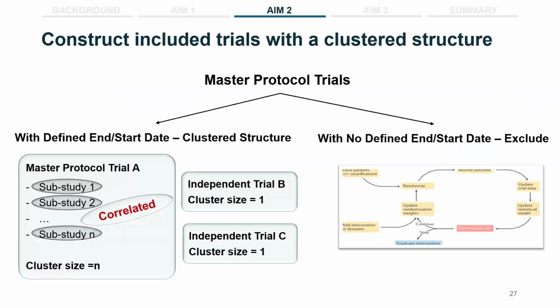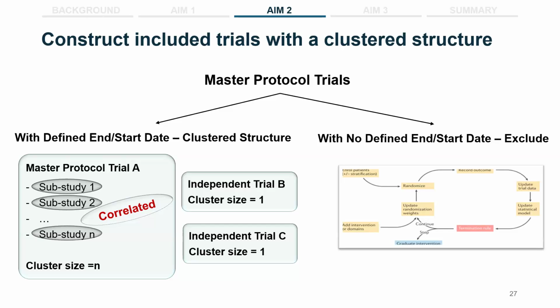We expect to find some master protocol trials that use Bayesian methods. These trials usually have more than one sub-study under a master protocol, and there may or may not be information borrowing across sub-studies, but they're likely to be correlated. So to address this, we are going to structure the included trials with this clustered structure. Each sub-study is treated as an individual trial, and the master protocol trial will be treated as a cluster.